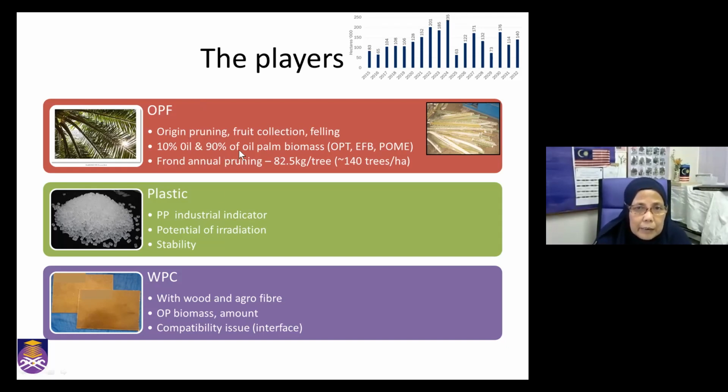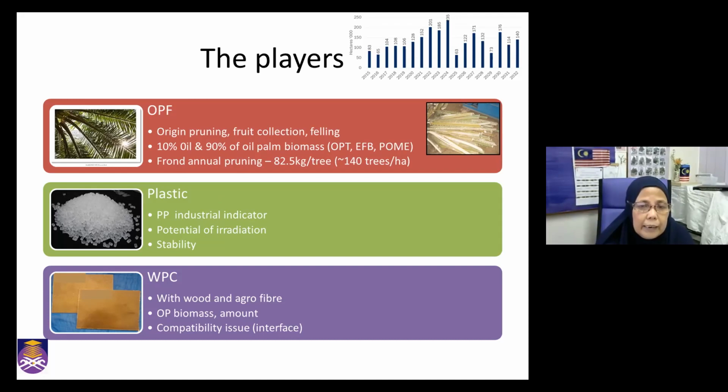The players for this particular study are basically the oil palm frond, which is what's being used by Noor Afifah. And then we work with plastic. We actually choose the normal plastic, what I call the indicator plastic, which shows the industrial material that's being used.